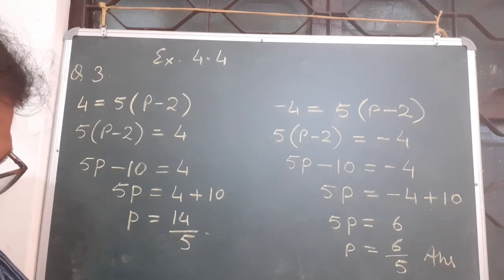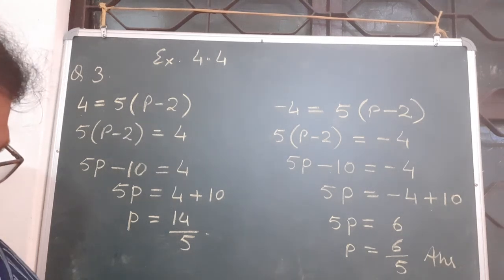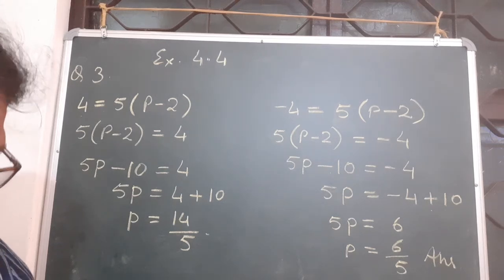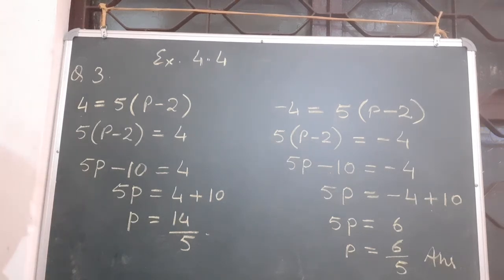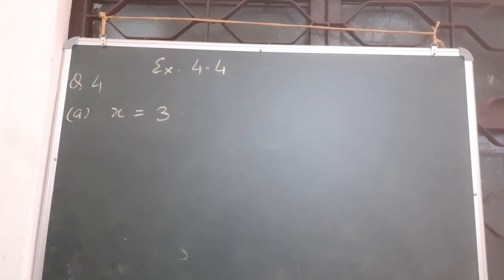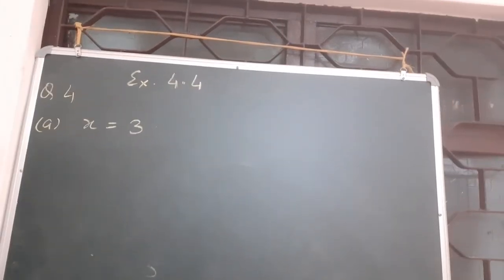Now we come to the last question. Last question is to construct 3 equations starting with x is equal to 3. So only by using x is equal to 3 you can frame a number of equations.